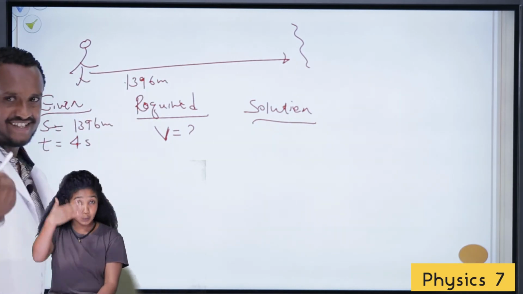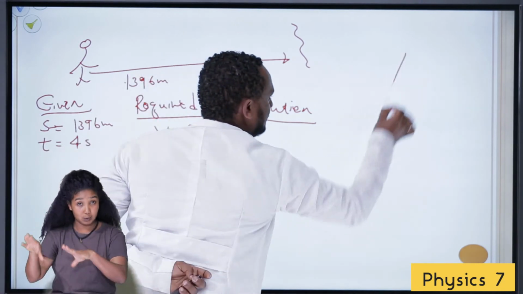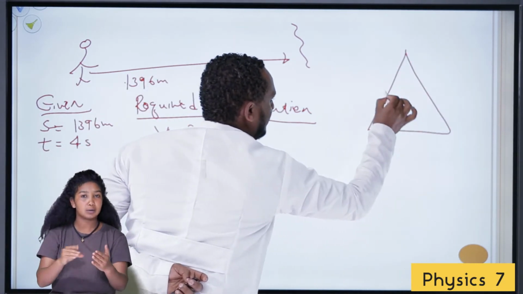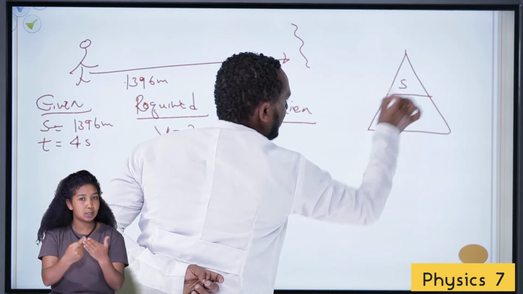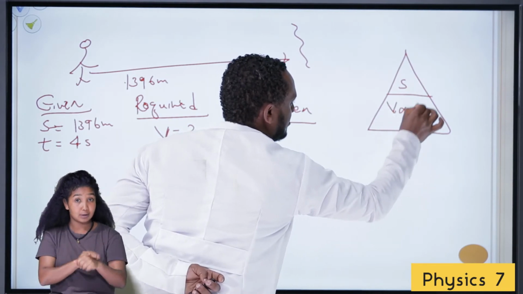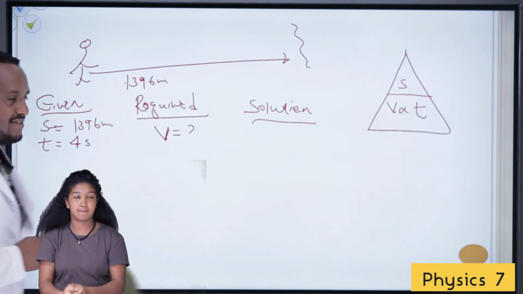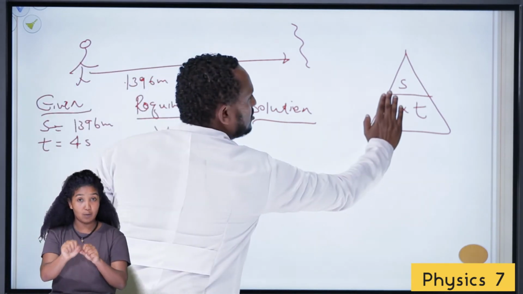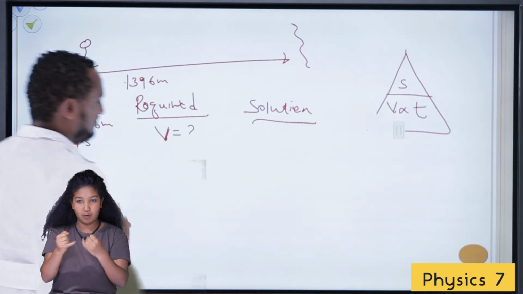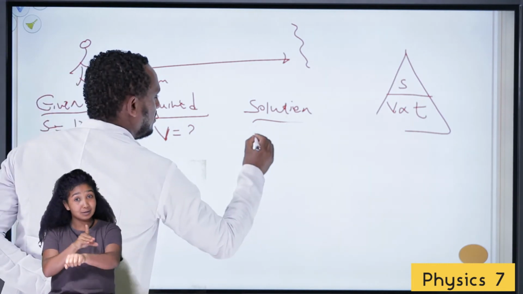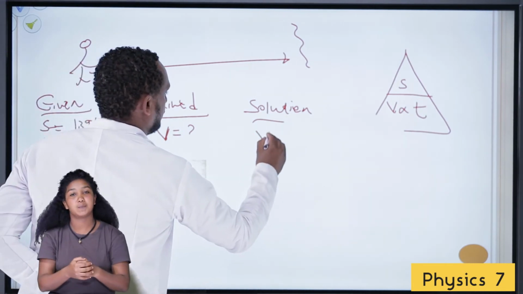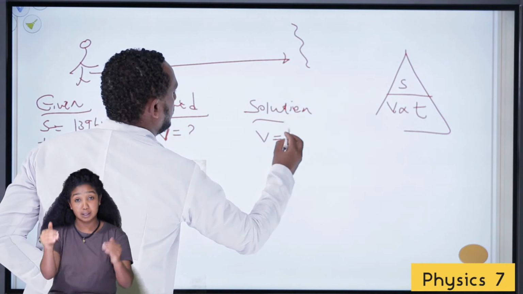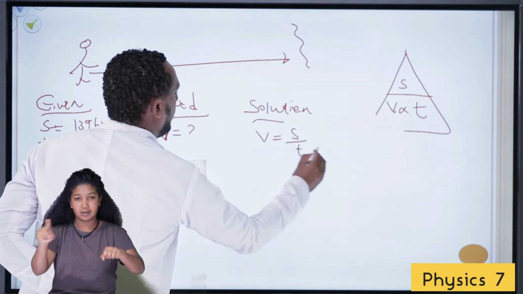You know this diagram, students, do you remember this one? Here we have distance, here V times T. Our required is V, so V is equal to S over T, or speed is equal to distance over time.